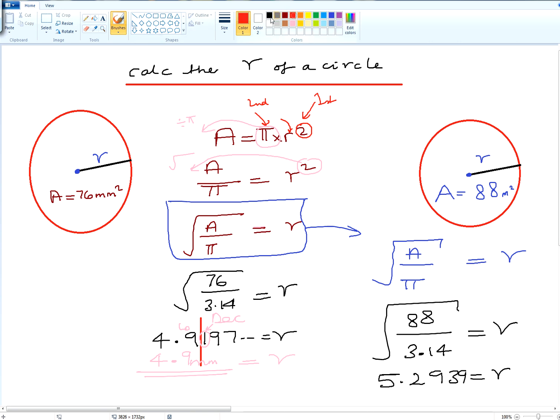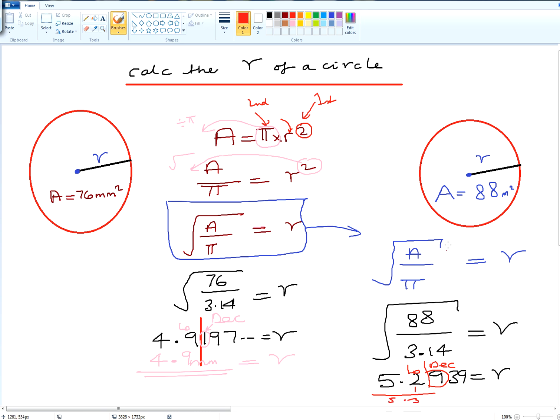Right, let's have a look at our last digit decider technique. So this is called the last digit. This one is the decider. If it's 5 or more, you add 1. It is more than 5, so 5.3. So the final answer will be what? 5.3.